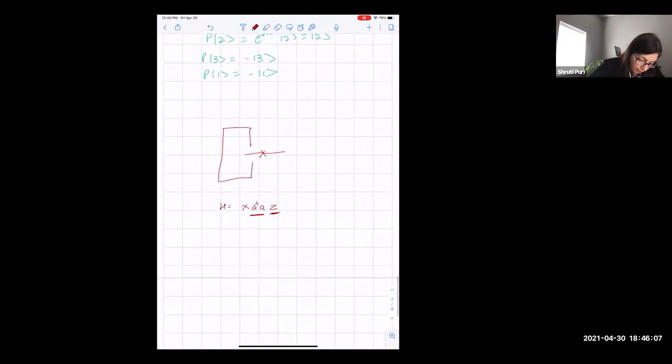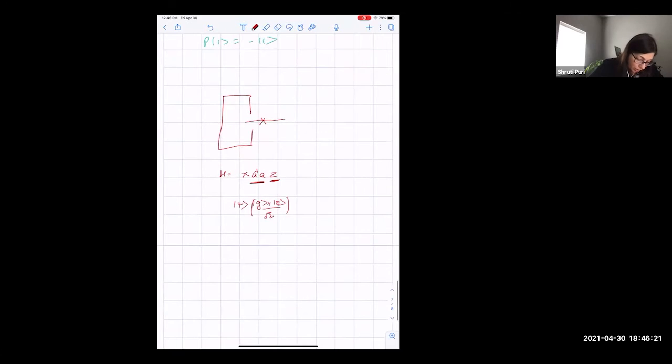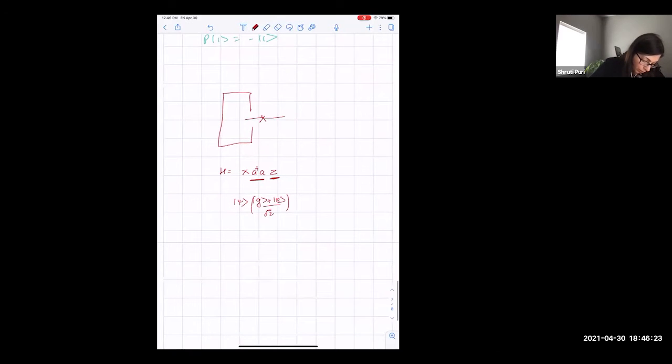So now what you do is you prepare your qubit in the state, you have some state in your cavity, and you prepare the qubit in the state (g plus e) over square root of 2, or the plus state. So now you evolve this state under this Hamiltonian, so you have e to the minus iHt. So this is the unitary that you evolve under.